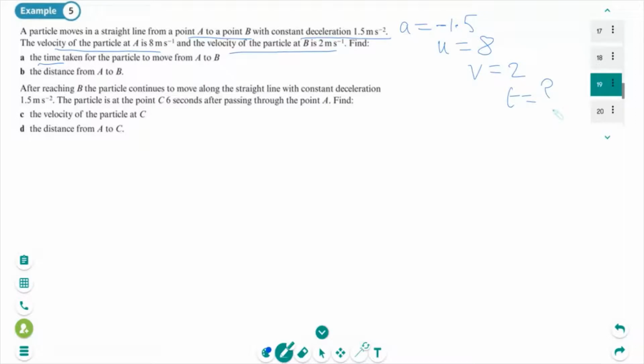You could just use that equation again: v equals u plus at. So 2 equals 8 minus 1.5 times t. Then you just solve it. 6 divided by 1.5 is 4 seconds.